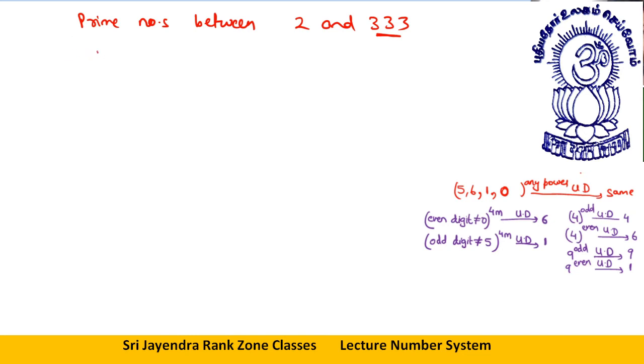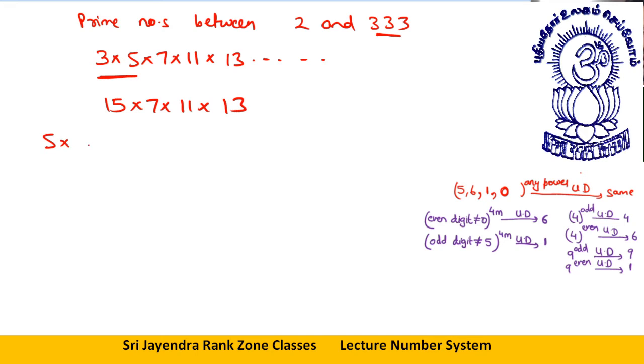The simple logic goes like 3 into 5 into 7 into 11 into 13 and so on. The moment I multiply 3 into 5, I get 15 into 7 into 11 and so on. Multiply any odd digit, we already know what will be the unit digit. The unit digit will be 5. Okay, dear students, unit digit will be 5.